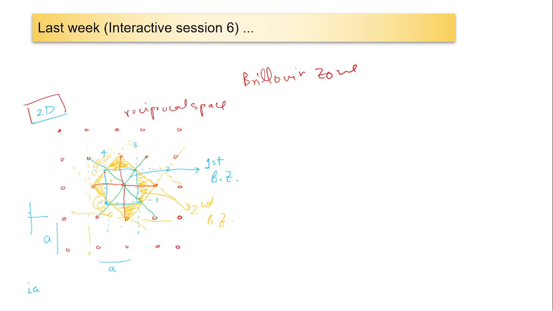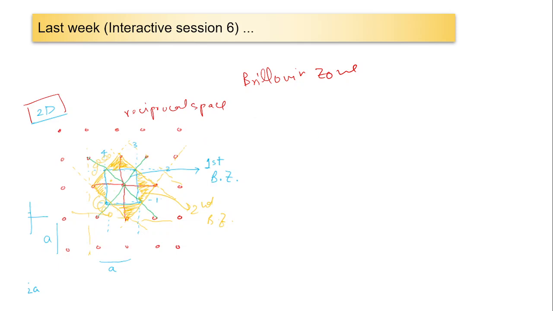Here, this blue square is the first Brillouin Zone, and then these yellow shaded 4 triangles together are the second Brillouin Zone, and further we can construct more. So this was about Brillouin Zone that we were discussing last time.